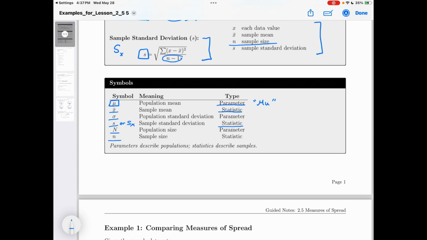There are different formulas and different symbols for the populations and the samples. And the symbols we use depend on whether we're describing a population or a sample. So that is very important. Now, if you ever forget what symbol means what, you have it in your notes so that you can come back and look it up.